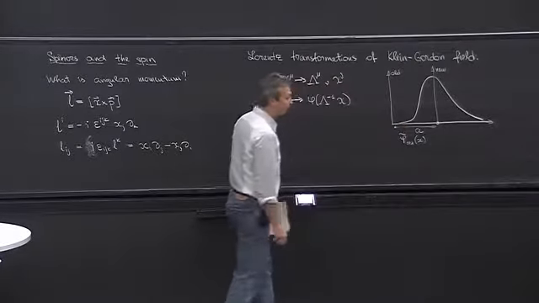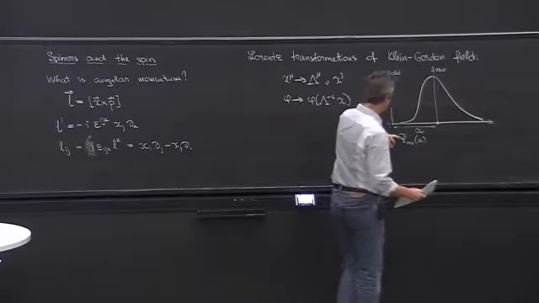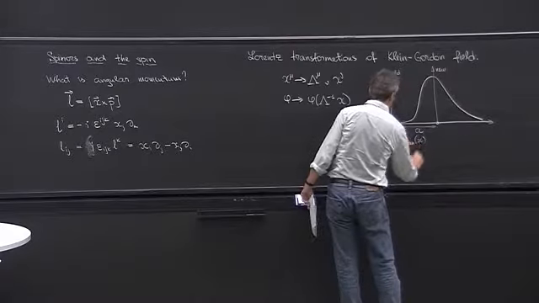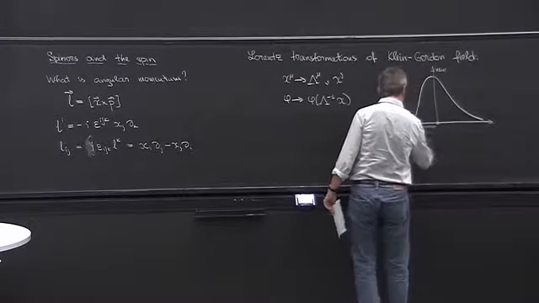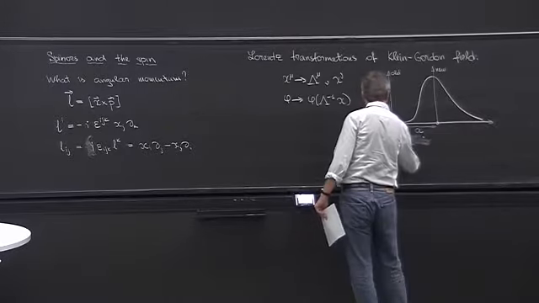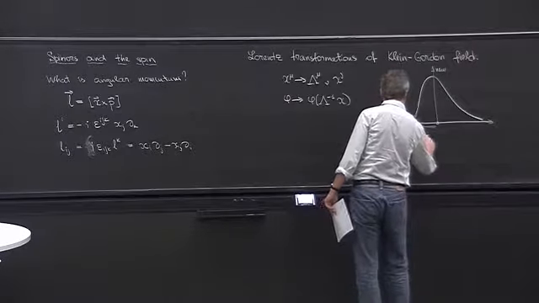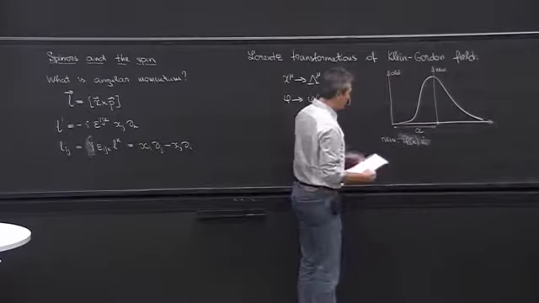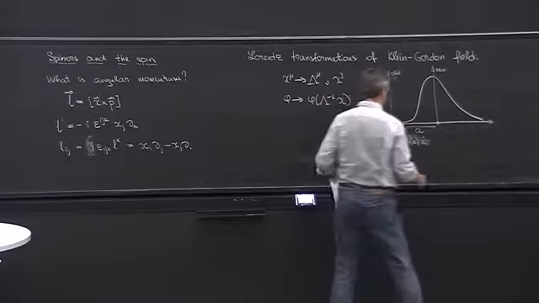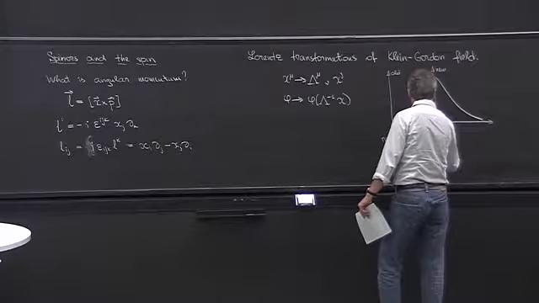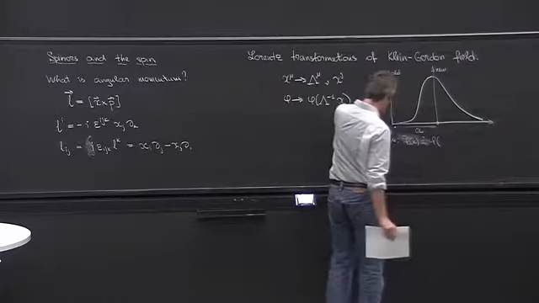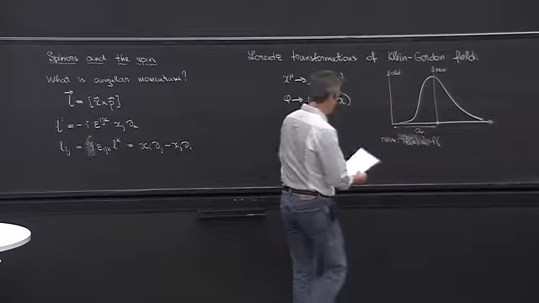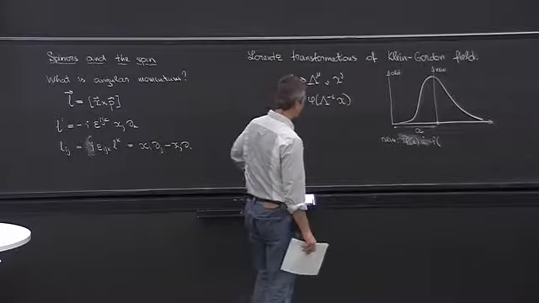So what will be the value of the field in the new coordinates at this point? Suppose that we know this function in the old coordinates.